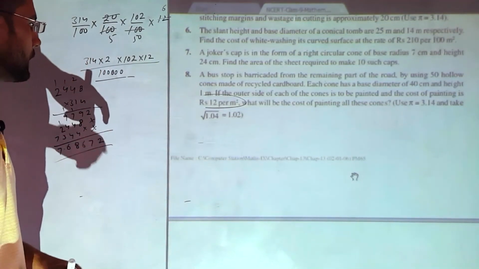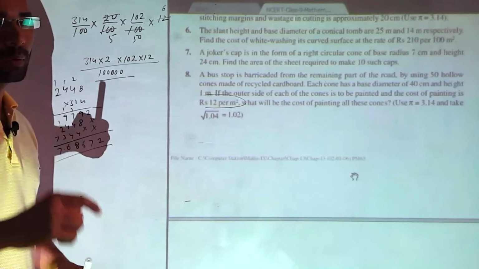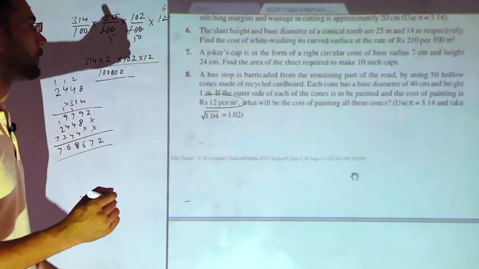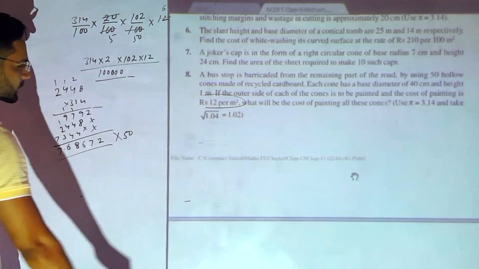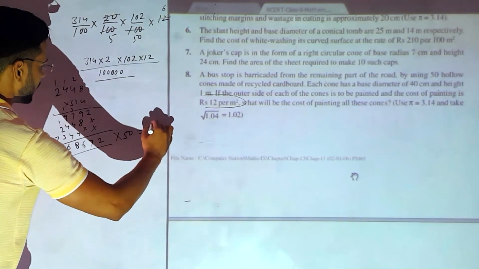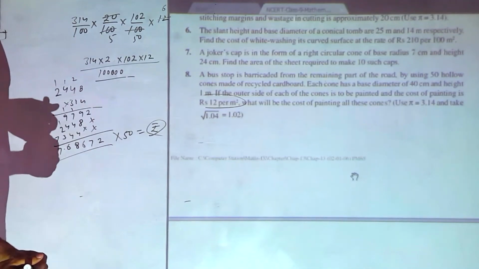Because this is the price of one cone and there were 50 cones, multiply by 50 also. Then you will get your exact answer solved.